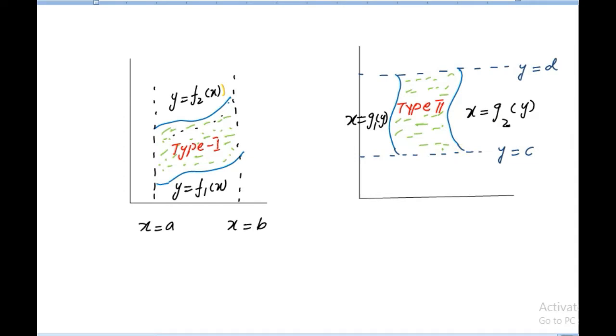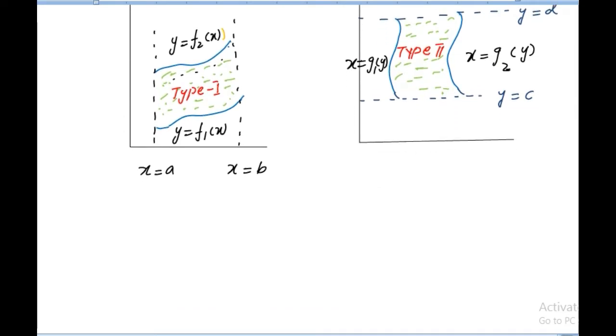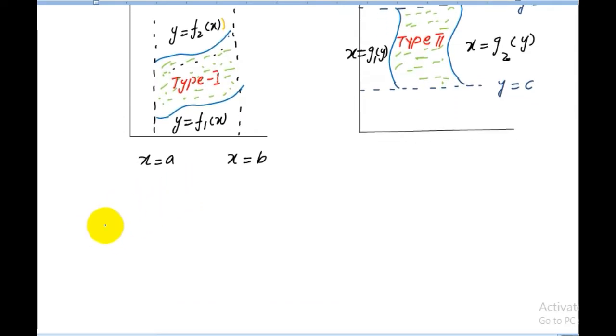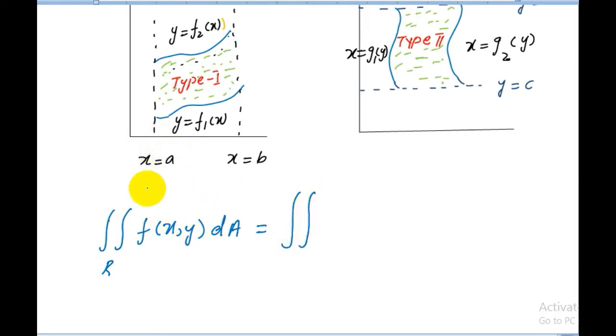Now these two integrals can be written as, double integral over region R of f(x,y) dA is equal to, now for first region we can write it as x varies from a to b. This region is bounded from below by the curve y equal to f1(x) and from above by the curve y equal to f2(x).